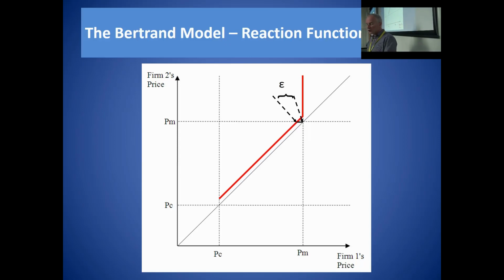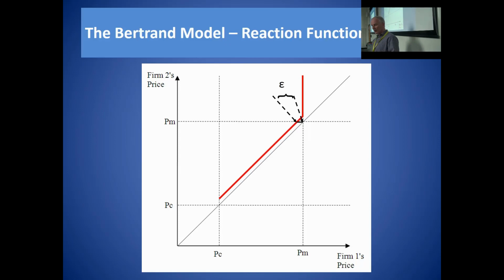If firm 1 charges a price less than the marginal cost of production, it makes a loss. It doesn't want to do that. It's more profitable to make zero profits rather than make a loss. So, if firm 2 charges a price of PC, what will firm 1 wish to do? It won't undercut it. The best thing it can do is halve the market by charging the exact same price.